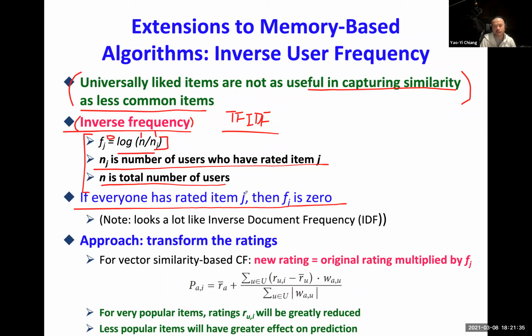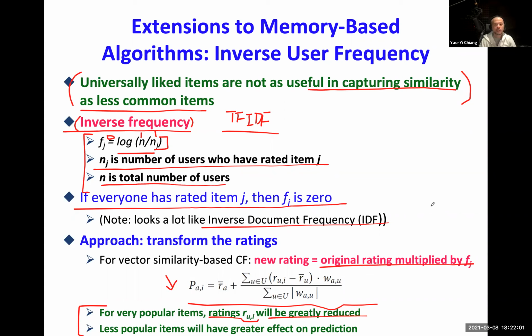Then you can take that inverse frequency and multiply it by the original rating. It will give you a new value. Then you just follow the original method to generate the prediction. So for very popular items, the rating RUI will be reduced. Less popular items will have greater effect on prediction.